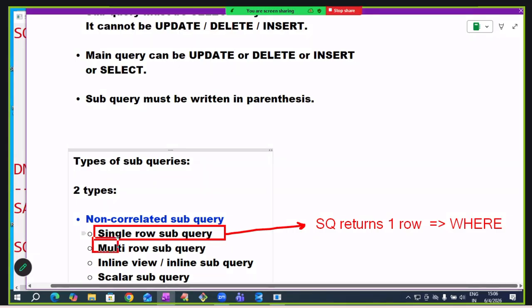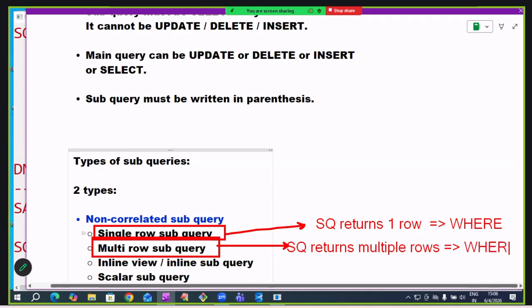What is a multi-row subquery? You can guess now. If a subquery returns multiple rows. In which clause do we write a multi-row subquery? Say, the where clause. In the where clause, we write a condition. You already know this.